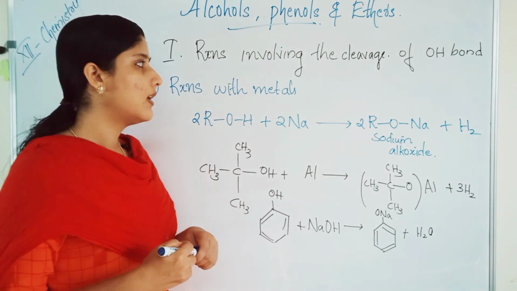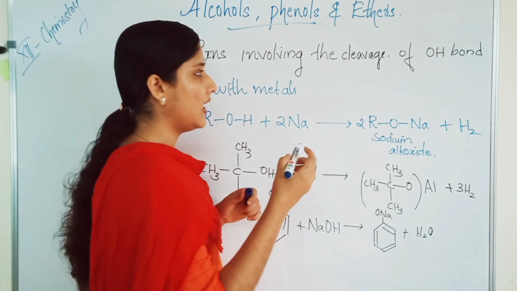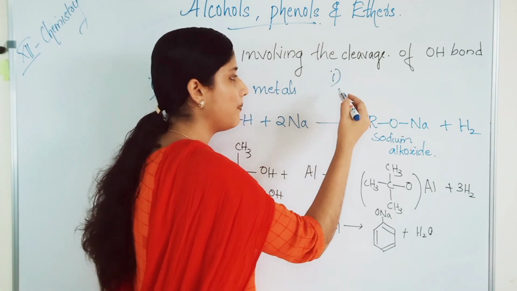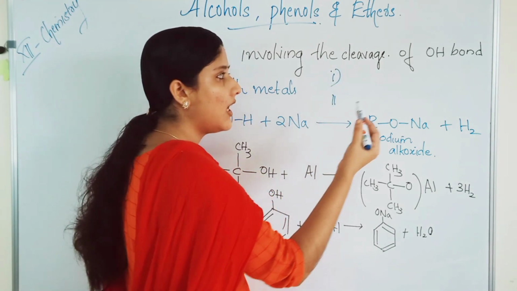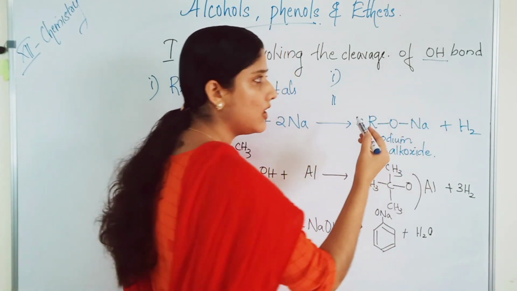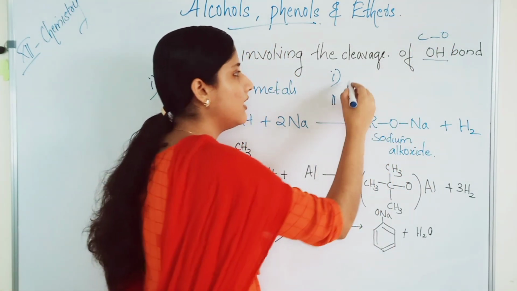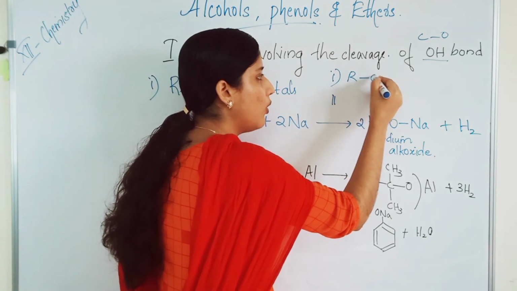So alcohols can take part in a chemical reaction by mainly two methods, okay? That is, either there can be O-H bond cleavage or C-O bond cleavage. That means it is ROH, isn't it?